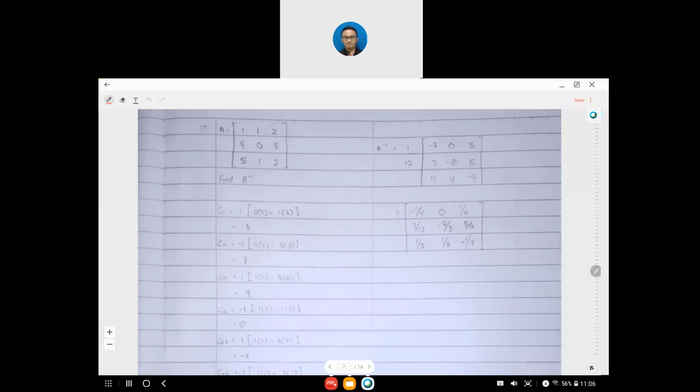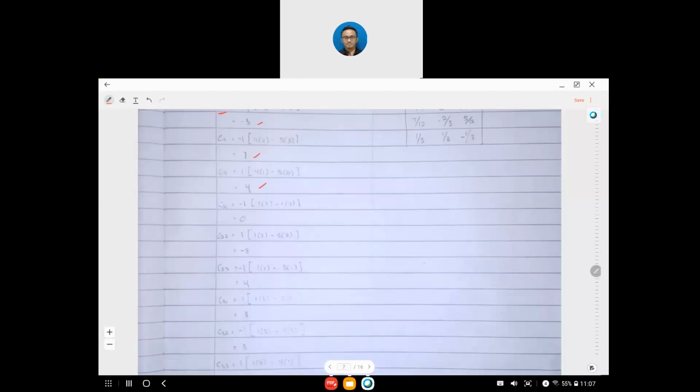Okay, so by using cofactor, you want to find the cofactors. Can you see that? Because the writing is not very clear. Can see. Okay, cofactor 1 1 equal to negative 3, cofactor 1 2 equal to 7, cofactor 1 3 equal to 4.